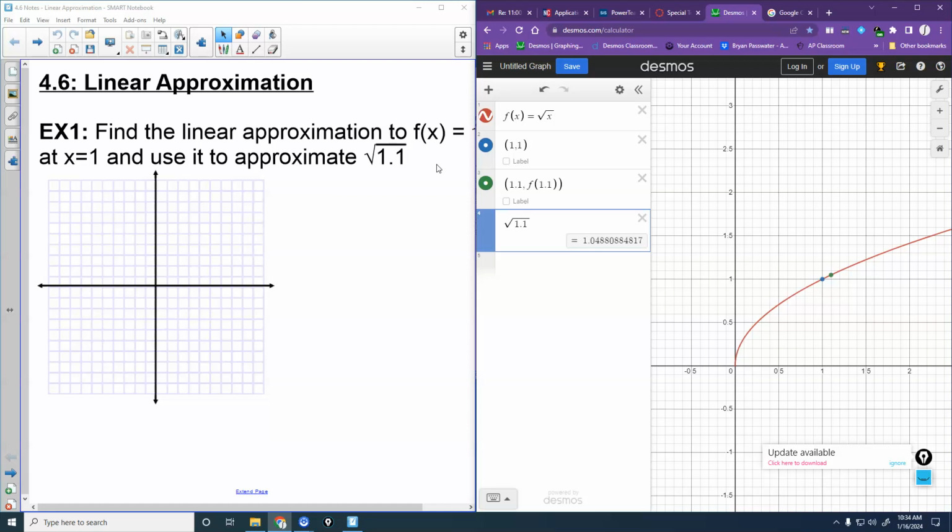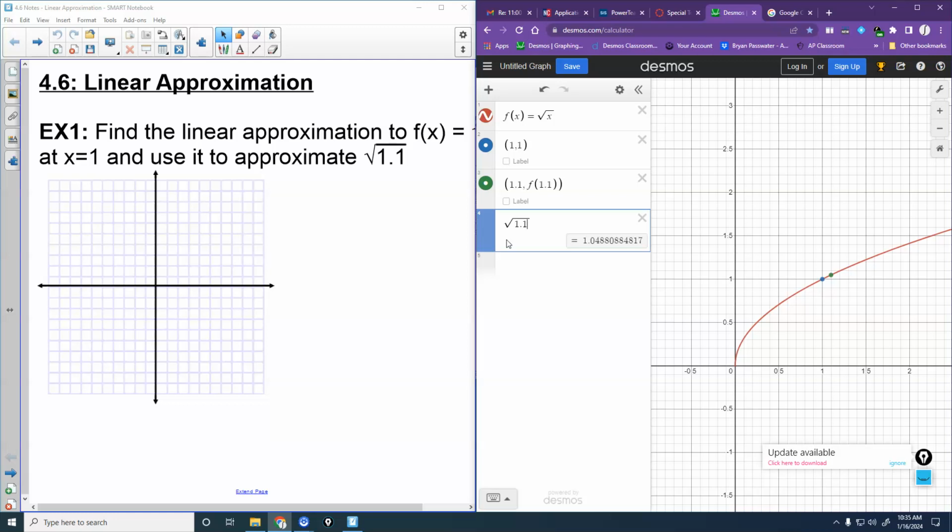I'm sure Hunter can probably find the square root of 1.1 with no problem in 7th grade. And I could teach Henry how to do it if I just showed him what button it is on the calculator. He doesn't even really understand decimals yet, but he could do it for that. So the first reason that this was used was because there were not calculators to do it in the first place.